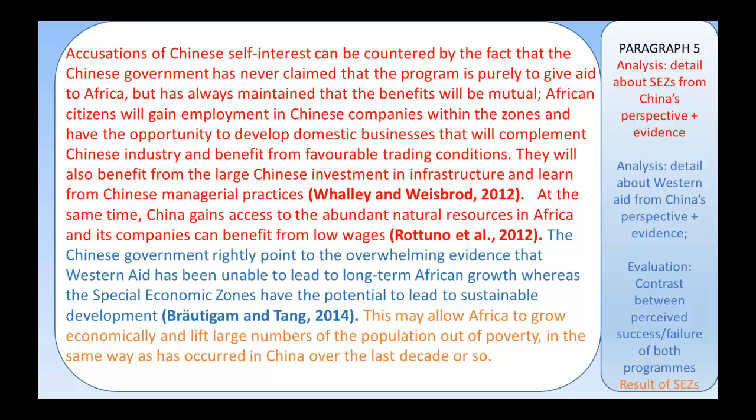So the writer evaluates here from what he's been reading, from those different points of view. And then the writer adds a further evaluation. This may allow Africa to grow economically and lift numbers out of poverty. So the writer is showing what other scholars think and then adding his opinion to that analysis. That is evaluation.